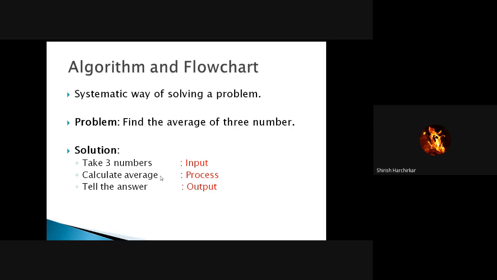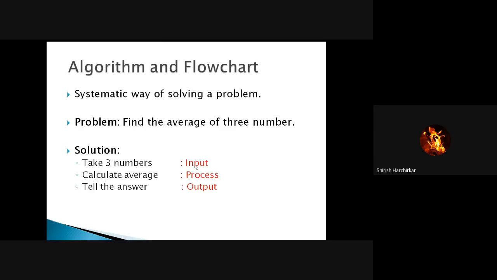Like if I ask you for the average of three numbers, you'll say, give me three numbers. Then I give you three numbers, you calculate, and you tell me. So that is nothing but three steps we are doing. By default, for any problem you take, there will always be three steps. First is taking the input, the numbers on which you want to find the solution.